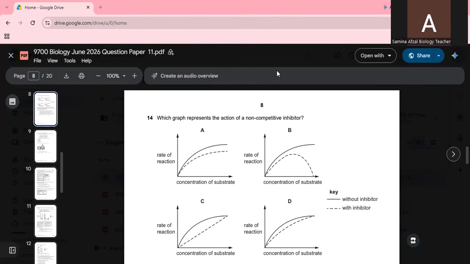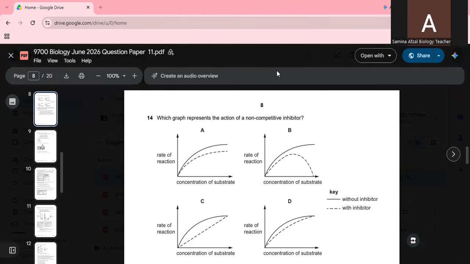So in graph A, you can see that a non-competitive inhibitor when binds to any part of the enzyme other than the active site, it alters its shape. So the active site no longer functions effectively. So increasing substrate concentration cannot overcome this inhibition, because the inhibitor and substrate do not compete for the same site.